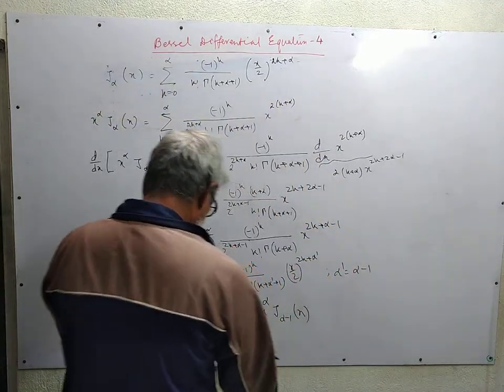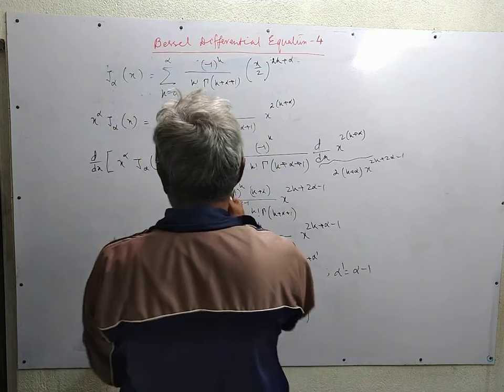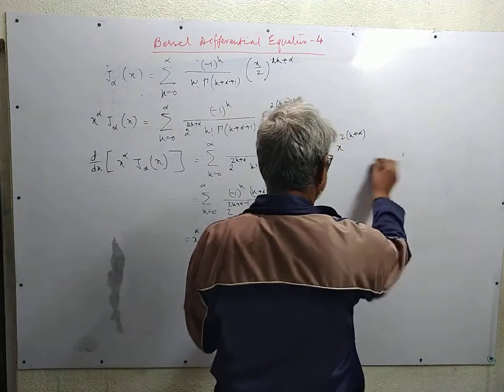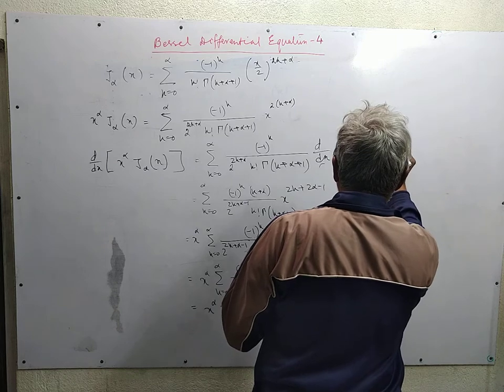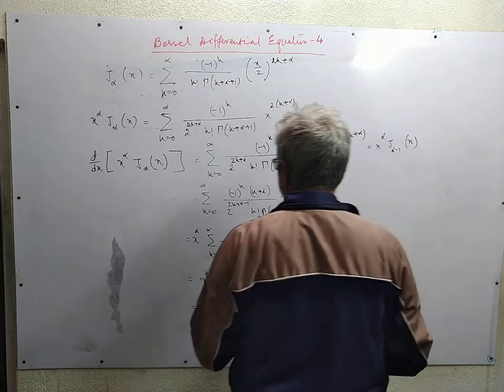So we write this over here. So this relation now simplifies to x to the power alpha J of alpha minus 1 of x.